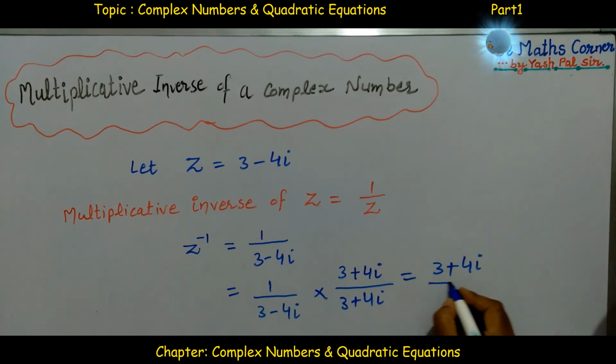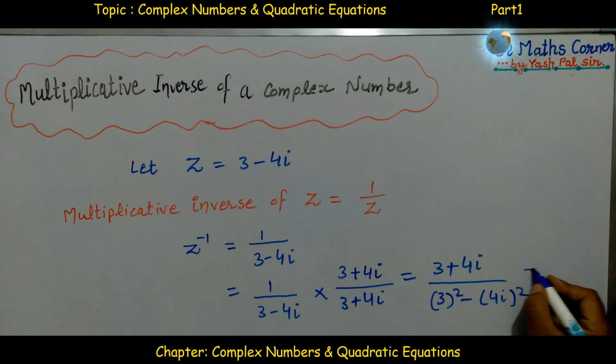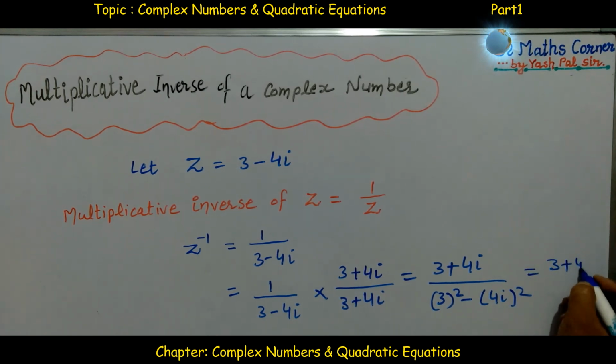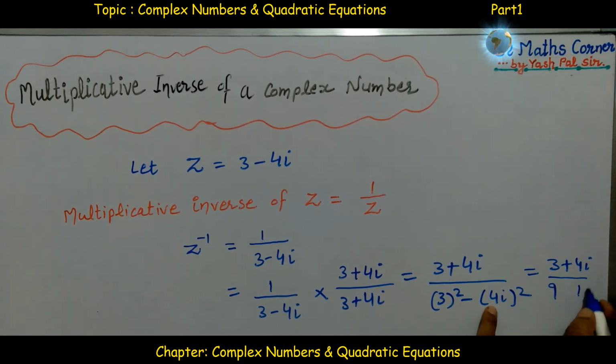In the denominator we have a minus b into a plus b, that is a square minus b square, right? So again this is equal to 3 plus 4 iota whole divided by 3 into 3, 9, 4 into 4, 16, iota square is minus 1, minus 1 into minus 1 becomes plus 1.